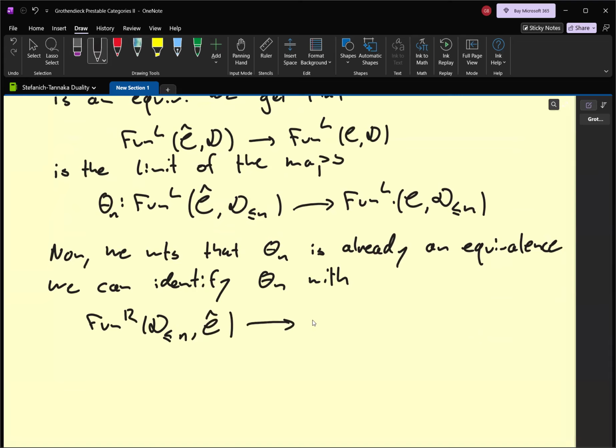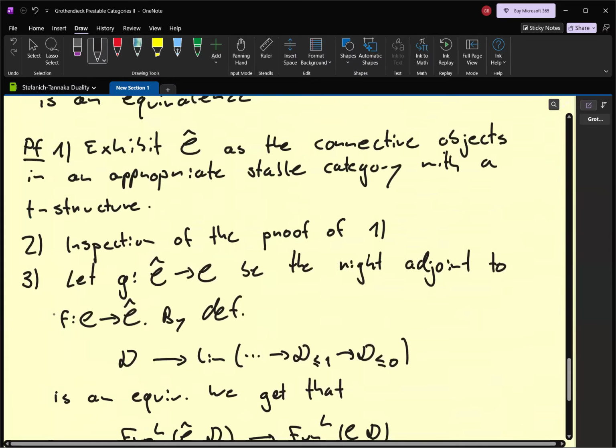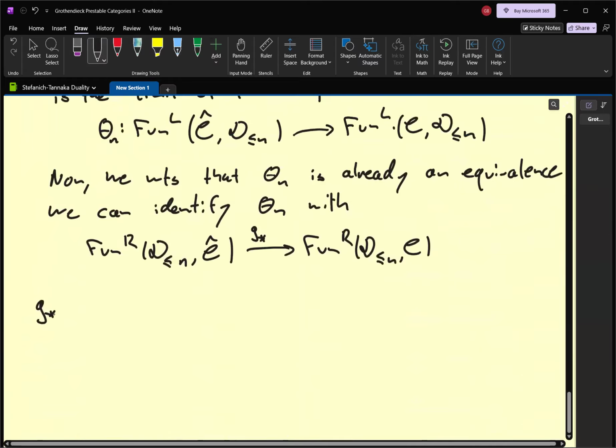And that's just this guy here, given by post-composition with G. And now this is very nice for us because G is left exact because it's a right adjoint.